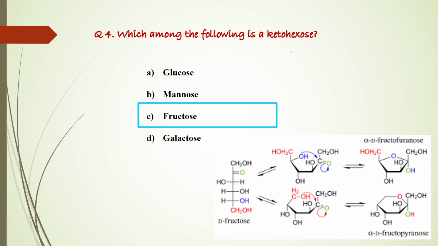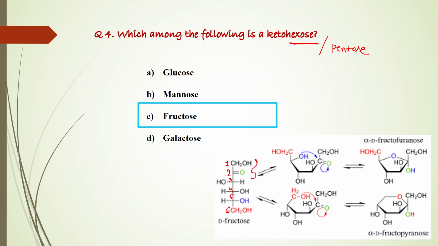Based on the number of carbon atoms, we either write it as hexose or pentose. So how many carbon atoms are here? This is the structure for D-fructose. How many carbon atoms are there? 1, 2, 3, 4, 5 and 6. So there are 6 carbon atoms, so it will be a hexose. And here you can see, instead of a CHOH group, we have a COCH2OH.